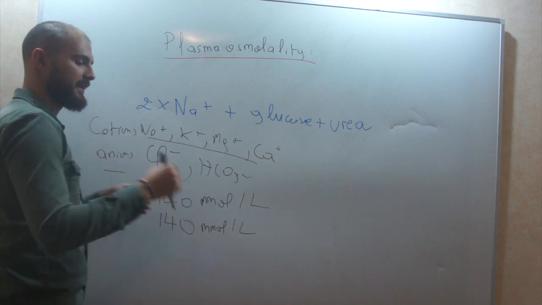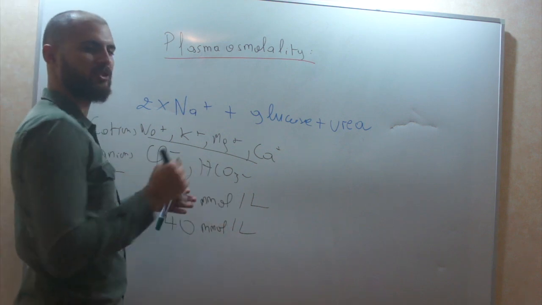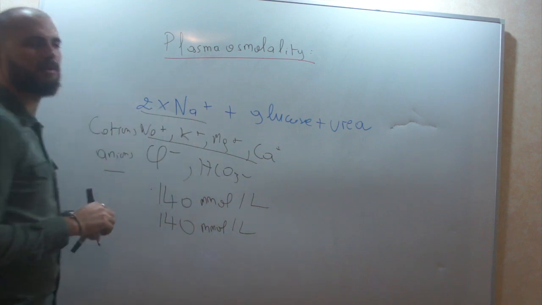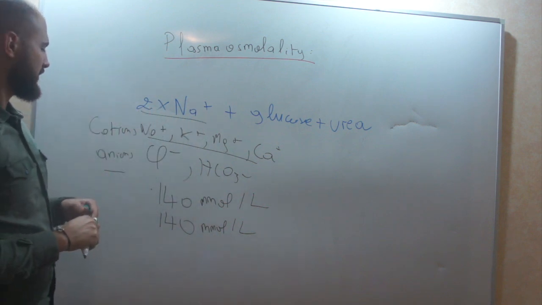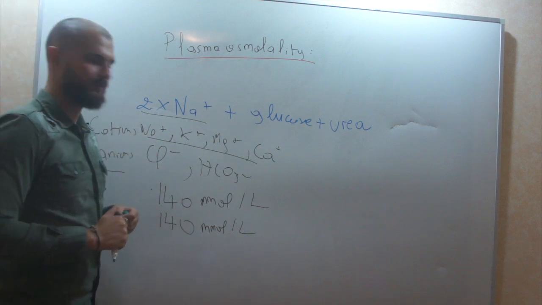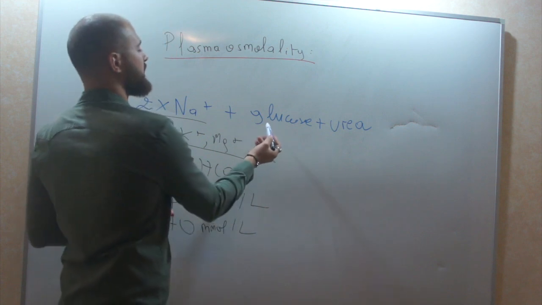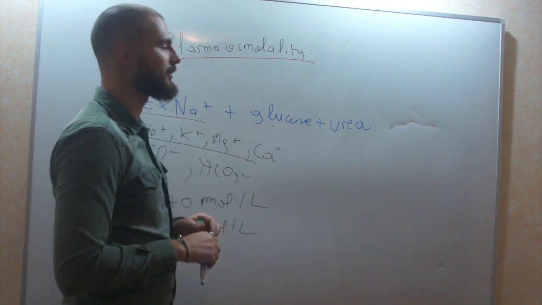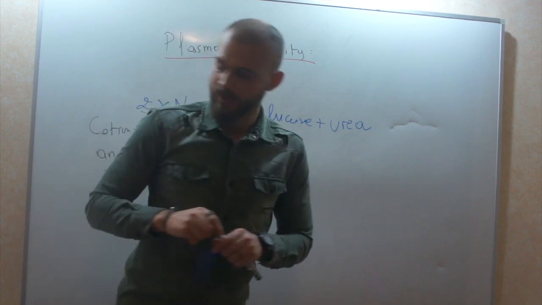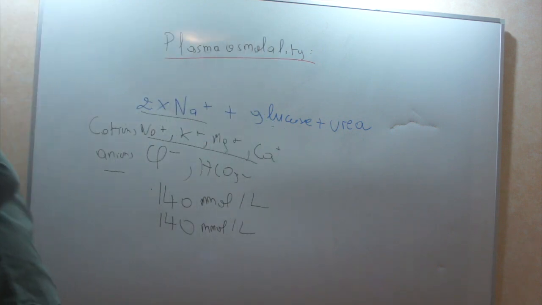So they add up and they cancel each other. That's why we have 2 times sodium, because they are both osmotically active. That's the point. Glucose is osmotically active, of course. Urea is too. So let's calculate this plasma osmolality.